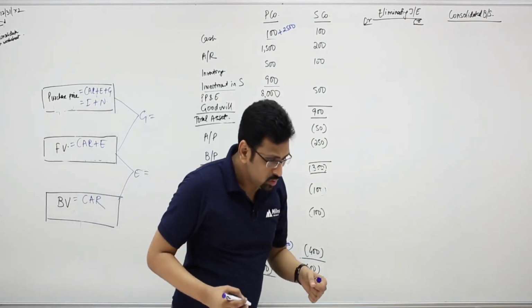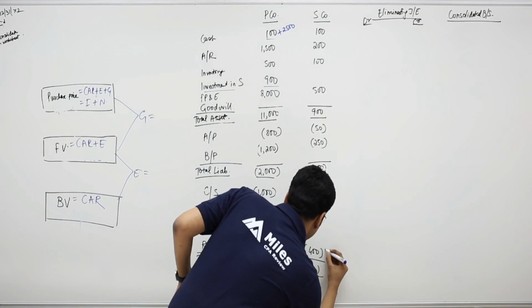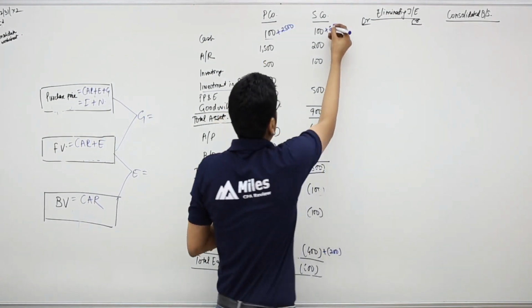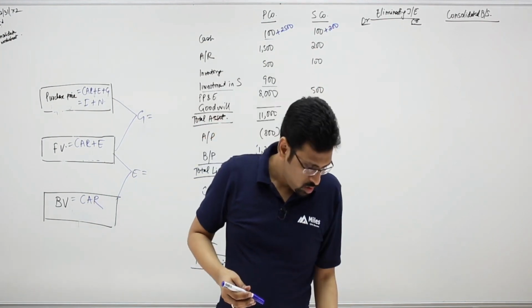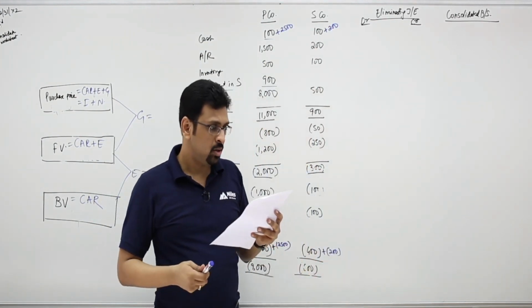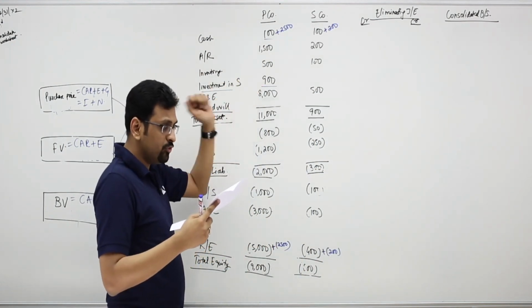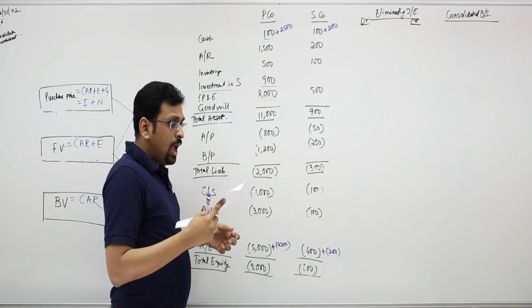For the subsidiary, the income during the year was $200, plus $200 retained earnings for the subsidiary, and their cash would also increase by $200.